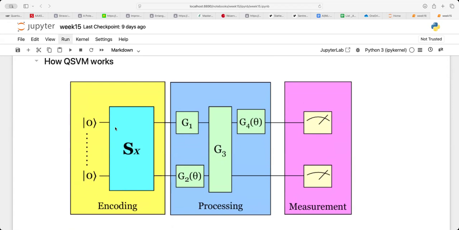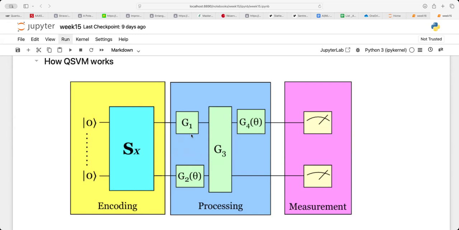There is one part which is the encoding part, and then we have the processing part, and then we perform the measurement. The encoding part is typically done by this amplitude encoding, where the different angles can then be used to represent features.